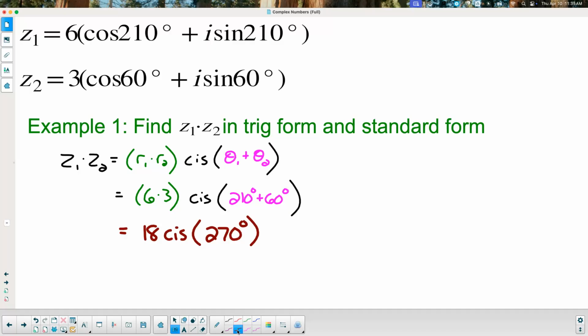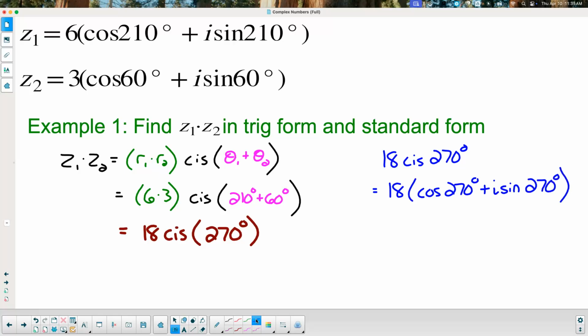Now, to come up with the standard form, I have to take 18 CIS of 270 degrees, and make that be 18 times the cosine of 270 degrees plus i sine of 270 degrees. What is the cosine at 270 degrees? 0. What is the sine at 270 degrees? -1.